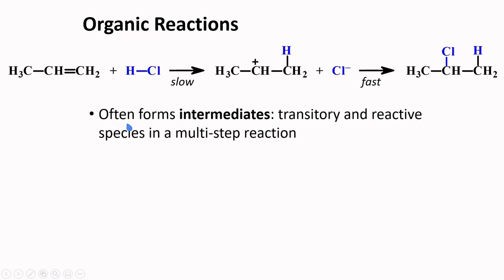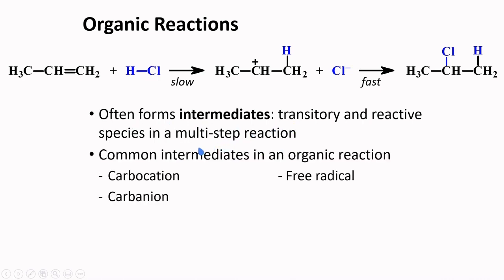Organic reactions often form intermediates. They are transitory and reactive species in a multi-step reaction. Common intermediates in organic reactions are a carbocation, a carbanion, and a free radical. This intermediate here is a carbocation.